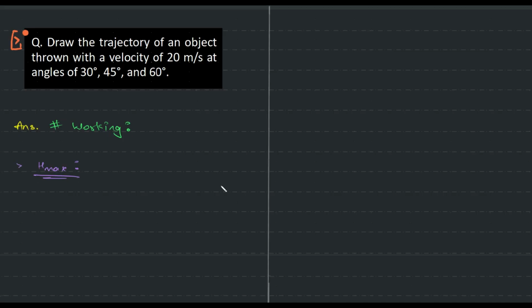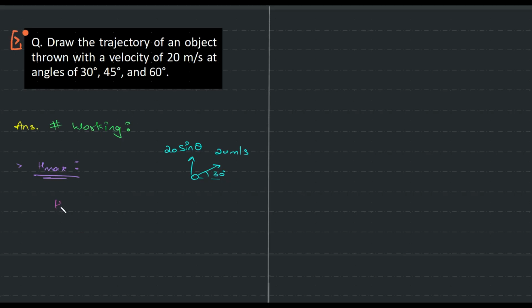What can we do? So we know that we have an object thrown at a particular angle, and the angle with the horizontal is say 30 degree, 45 degree and so on. This is 20 meter per second, and when resolved, this would be 20 sine of the angle, right? Because we have three different cases.